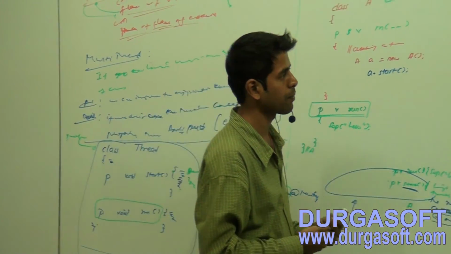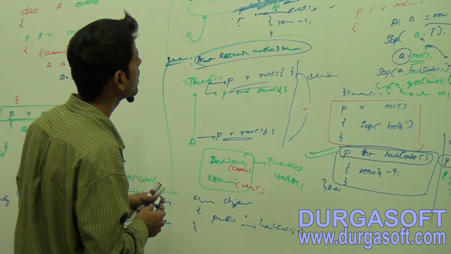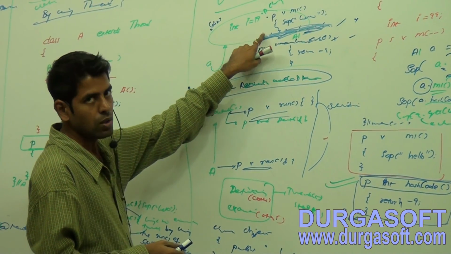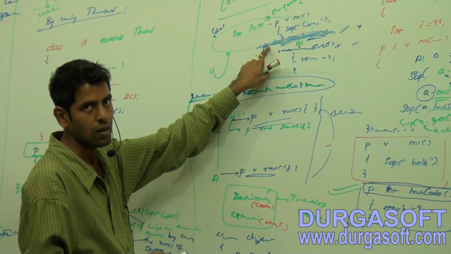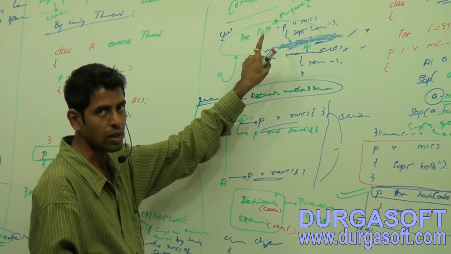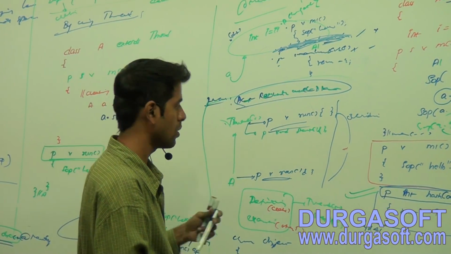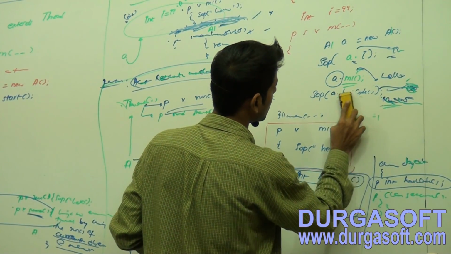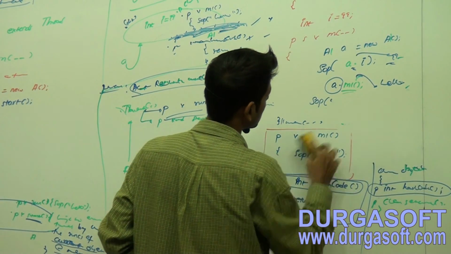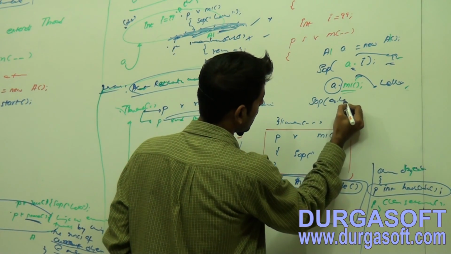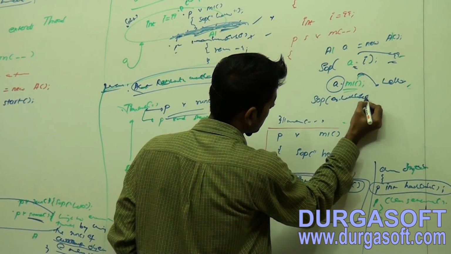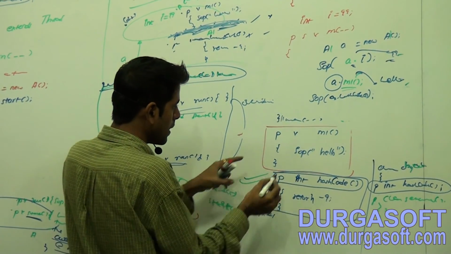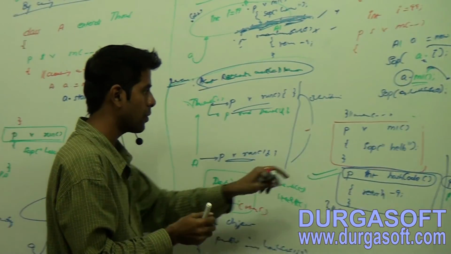Now observe, int i equals 99. Yes or no? Yes. Okay, now observe this part, the a.hashCode method, leave it. Now where is m1 available at runtime?